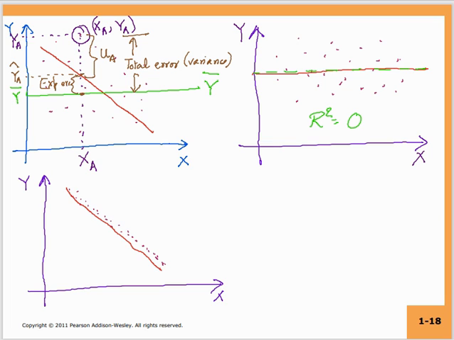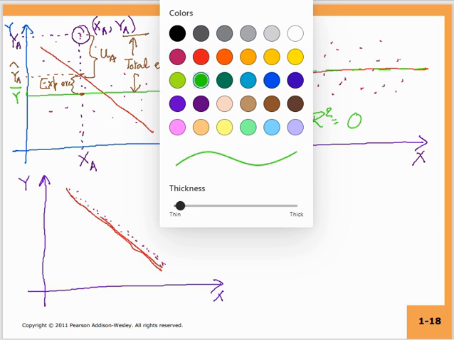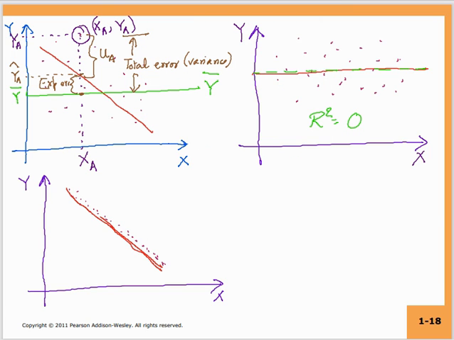I'm sorry, I'm not able to draw it very carefully, but your regression line lies like this and your cloud of points lies like this. Then basically this is so much better than having the average y bar, which would be like this.